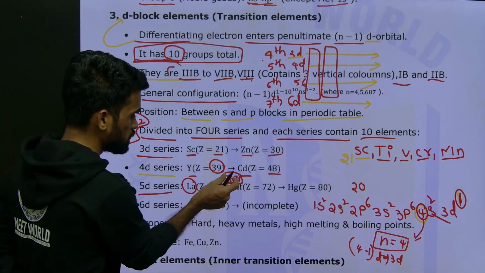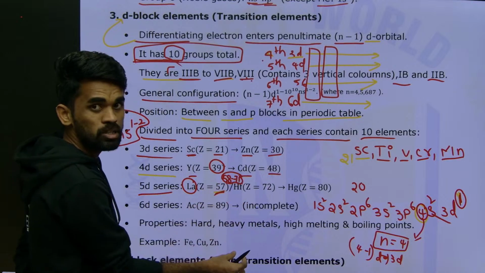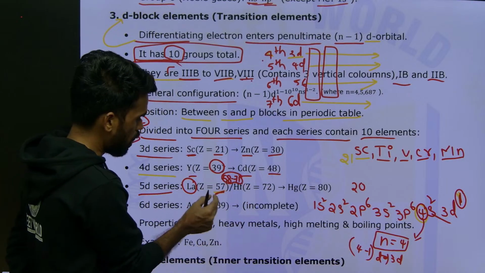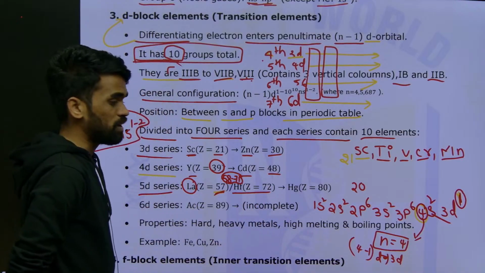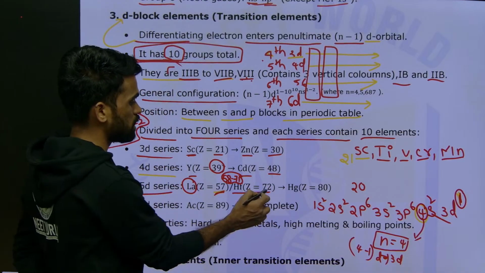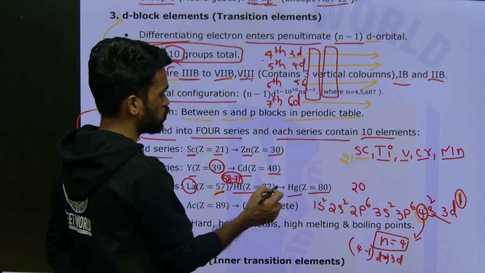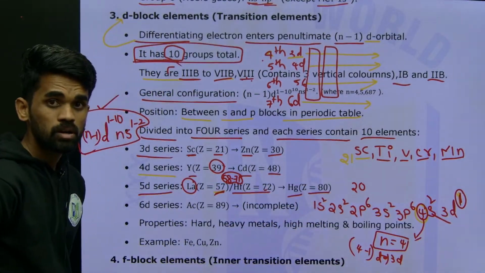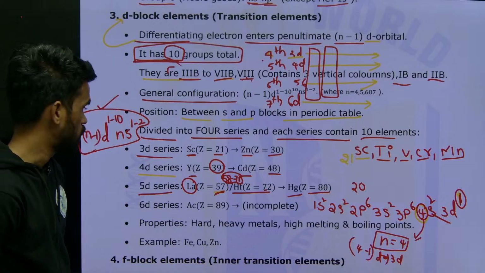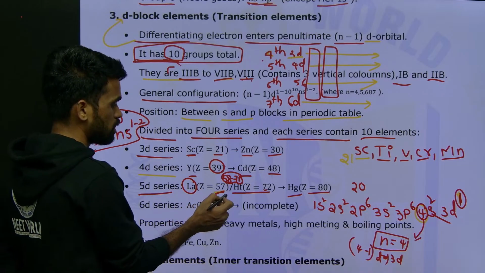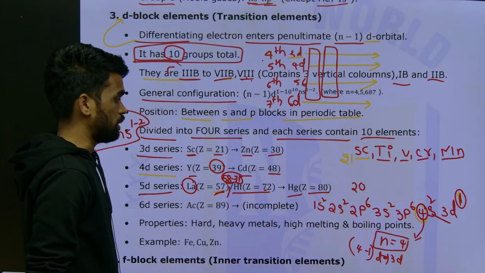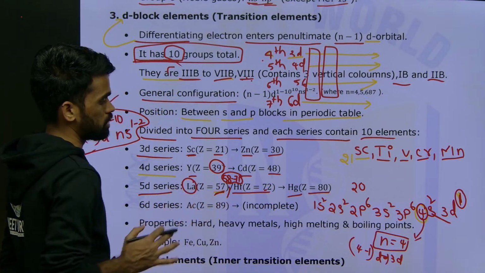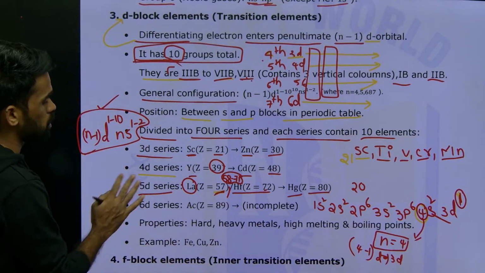These f block elements are placed at the bottom after lanthanum, which is why we write hafnium, atomic number 72, directly. From 72 to 80, that is mercury, we have d block elements again. So lanthanum 57, and hafnium 72 to mercury 80 belong to d block elements. Those are also 10 elements.